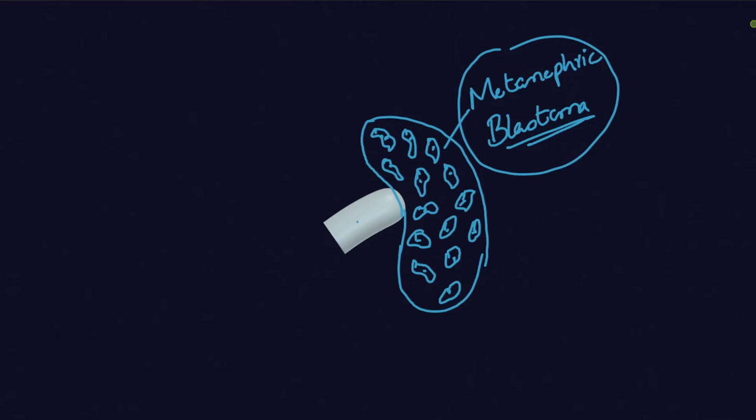Now this ureteric duct is growing into this metanephric blastema, but let's just forget about the metanephric blastema and focus on this. Please remember that because it is growing into the metanephric blastema, let's draw it again.